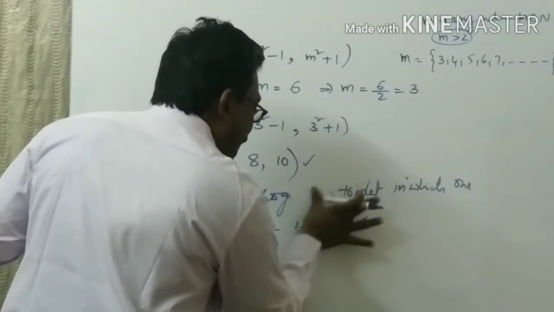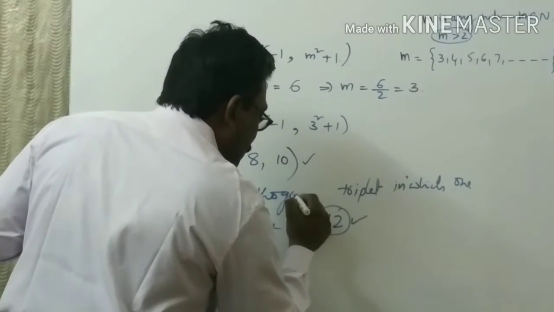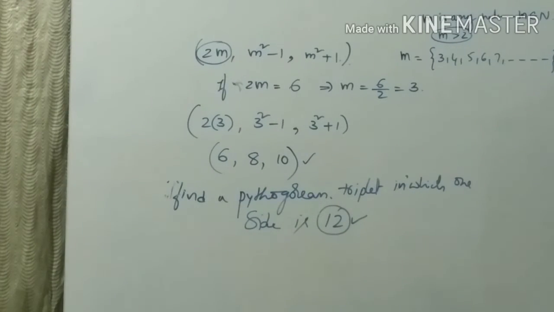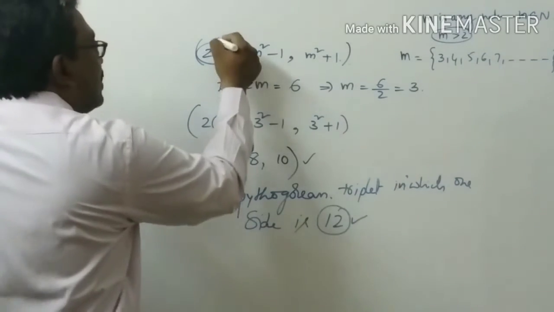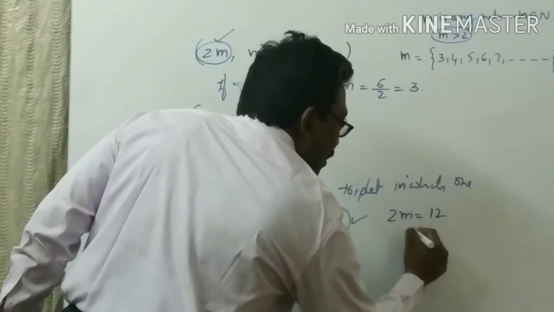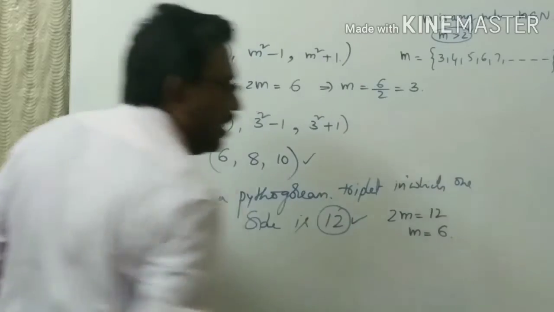One side is compulsorily 12, so 2m is equal to 12, and m is equal to 6.